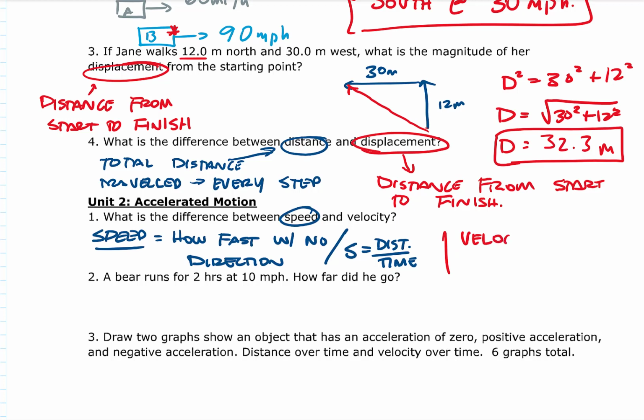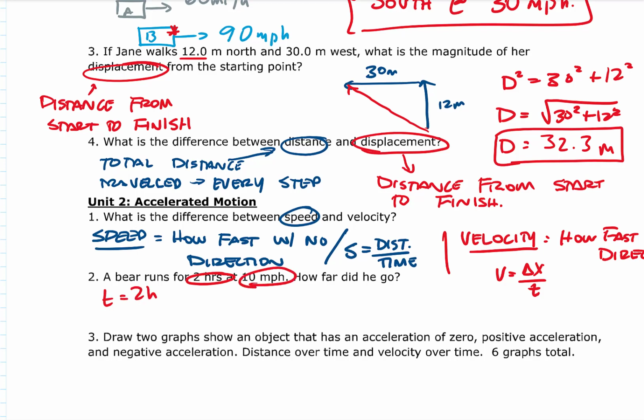Velocity is how fast plus direction. And to calculate velocity, we have to do displacement over time. So a bear runs for 2 hours, so my time is 2 hours, at 10 miles an hour, so my speed is 10 miles per hour.